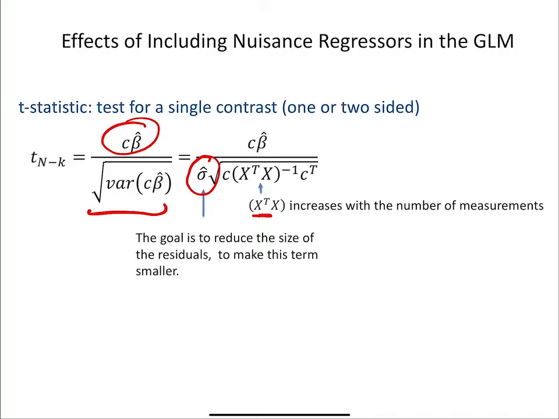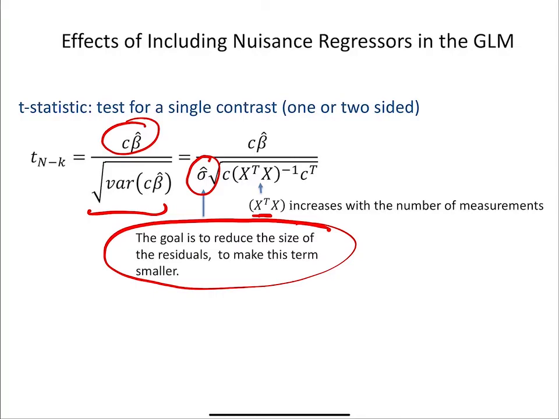So in general, for a t-stat, we like big t-stats, right? Because then we can publish our paper, we can finish our thesis. Small t-stats, not so happy, right? Okay. So the goal is, can I make the residual smaller, right? And the way to do that is by having a better model of my data. Okay.